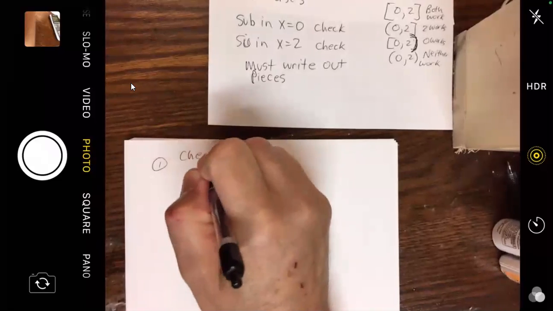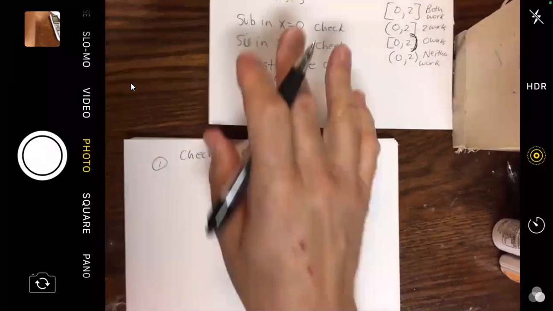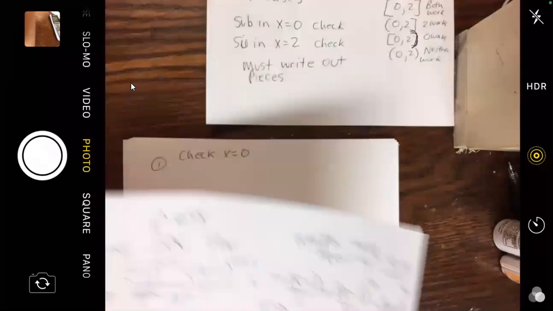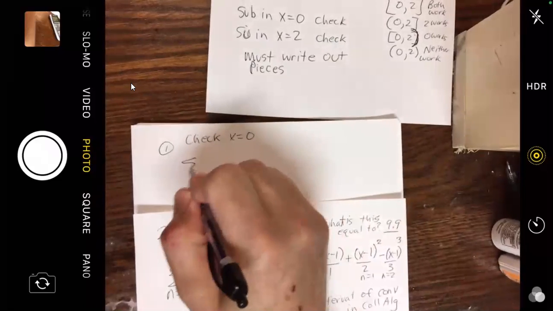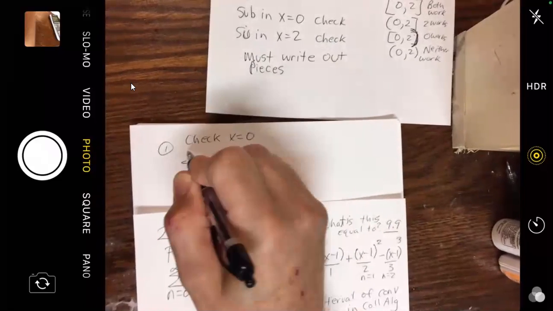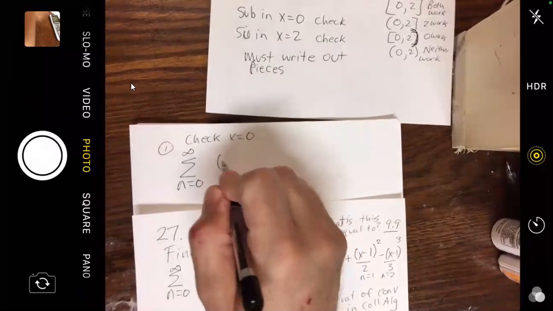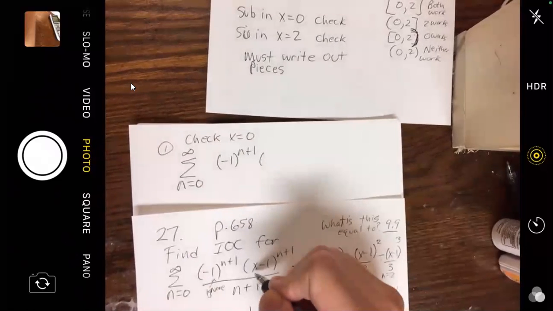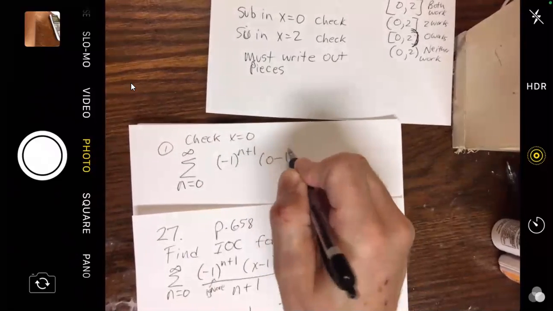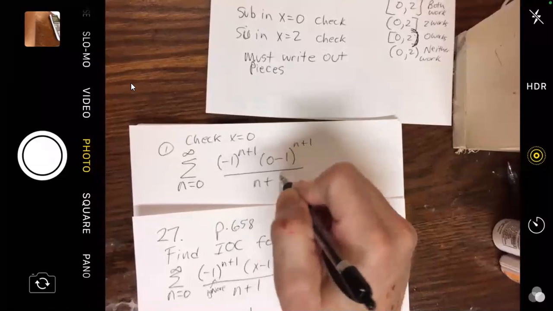So I'm checking x equals 0. All right, let me see if I can bring back the original. I'm subbing in the sum from n equals 0 to infinity. Now see, it's x equals 0. I get -1 to the n plus 1, and for the x, 0 minus 1 to the n plus 1, all over n plus 1.